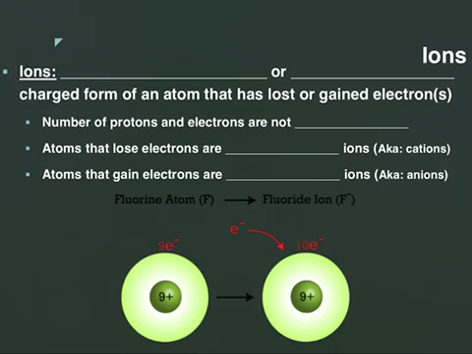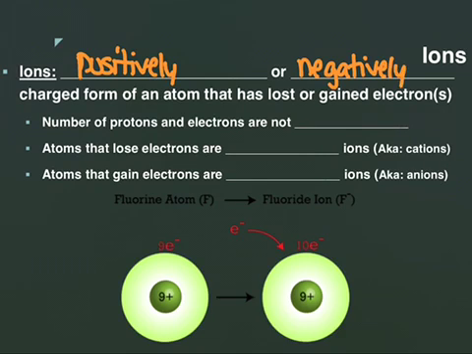So ions are a little different than atoms. Ions are either positively or negatively charged. And this is because they have either gained or lost an electron.